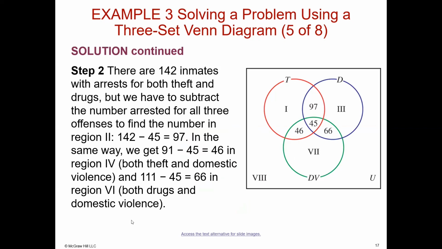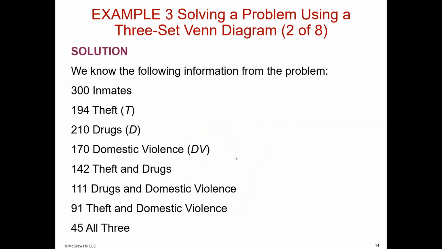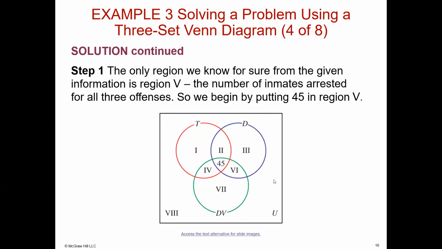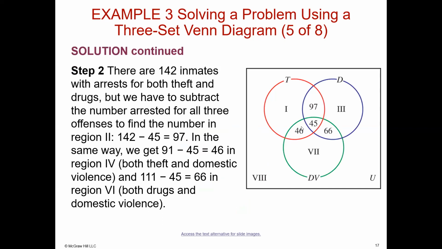The 91 minus 45. Theft and domestic violence together was 91, correct? Yeah. So we already accounted for the 46, did we not? Yeah. Okay, so let's do this over again.